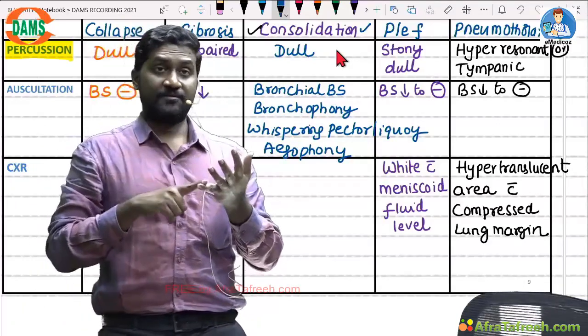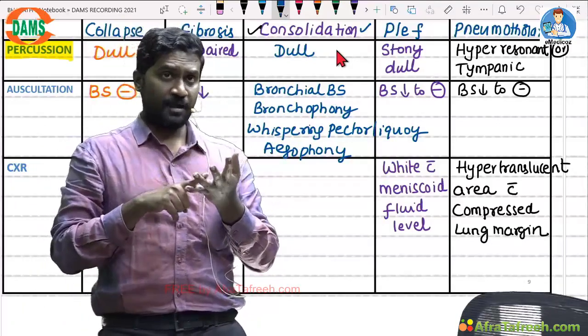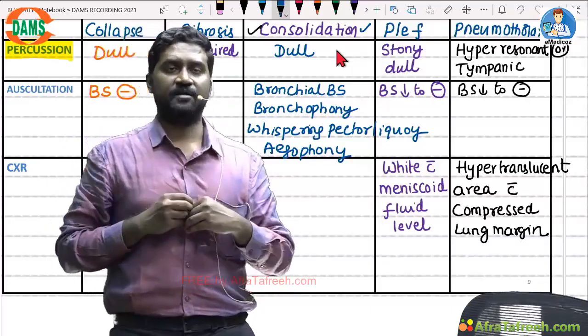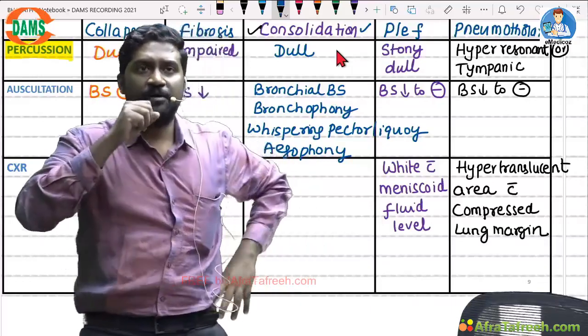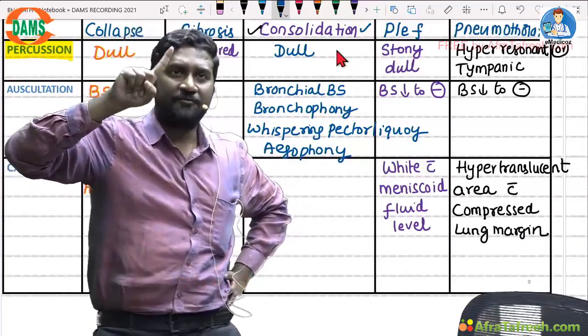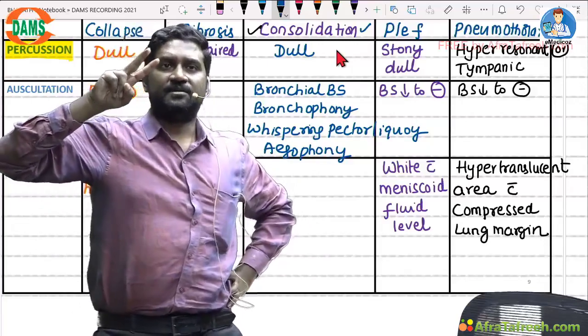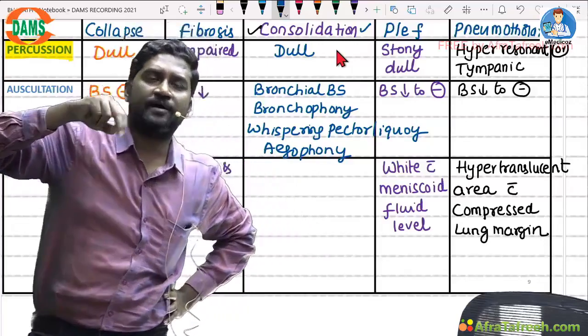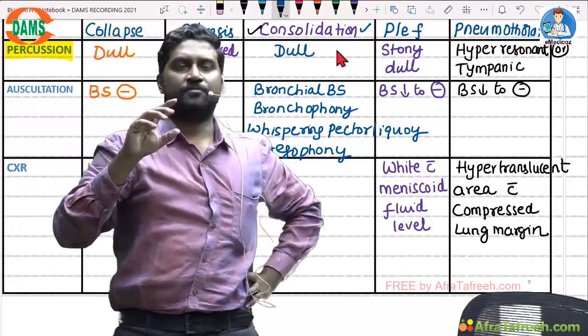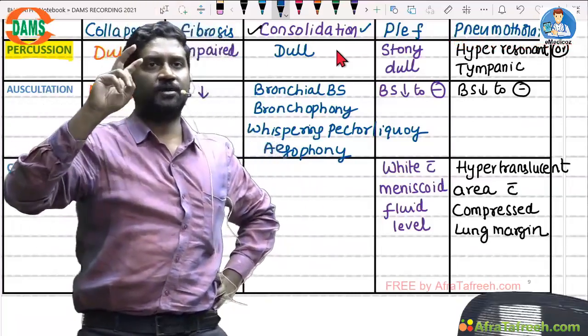The interaction between bacteria and your immune response will result in production of some secretions. Because of infection, he will have fever. Because of secretions, he will develop cough, and these secretions will be sent out as sputum. So important features are fever and productive cough.